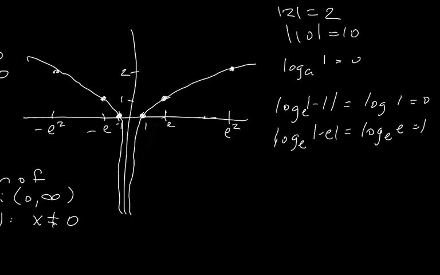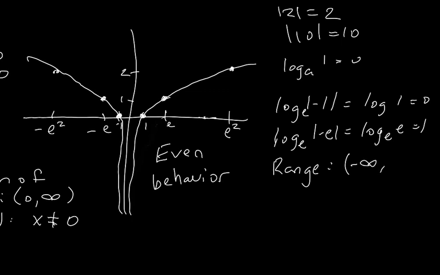So it has that even behavior, which tells me that the range of the function is unaffected. It's going to have the same range on both sides of the y-axis.